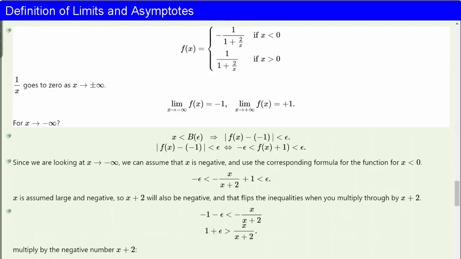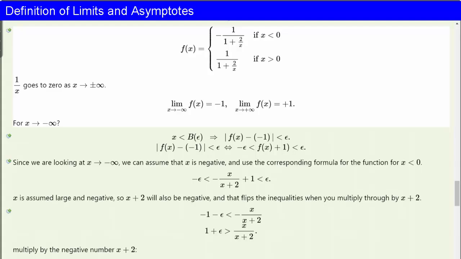It is intuitively clear that 1 over x goes to 0 as x goes to plus or minus infinity. If we accept this, then it appears that the limit as x tends to minus infinity of f(x) is minus 1, and the limit as x tends to plus infinity of f(x) is plus 1.